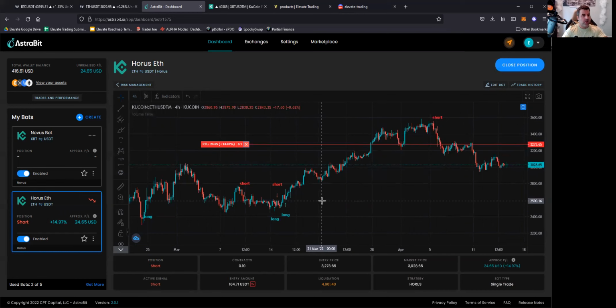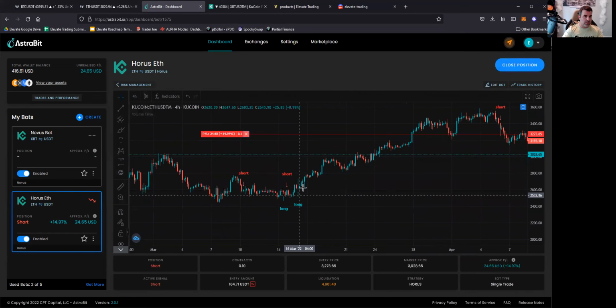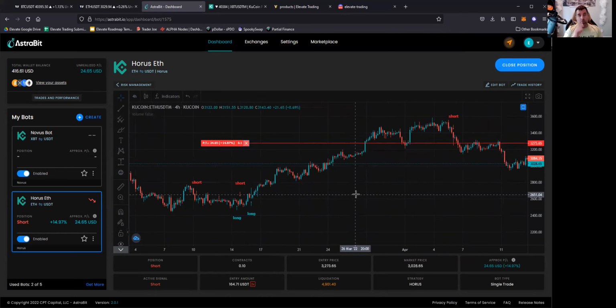Okay, so this happened with Novus. So Horus was in a long for us, but because Novus was on a different time frame, around the same time that Horus picked up that long, Novus did not. Okay, so one bot picked up the position, another bot didn't.